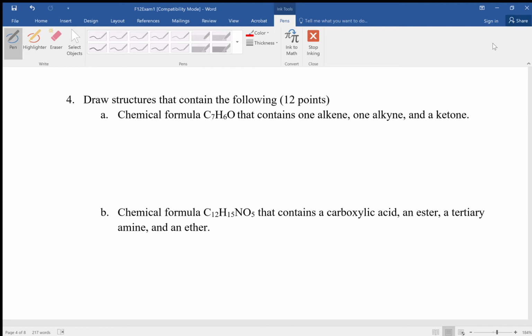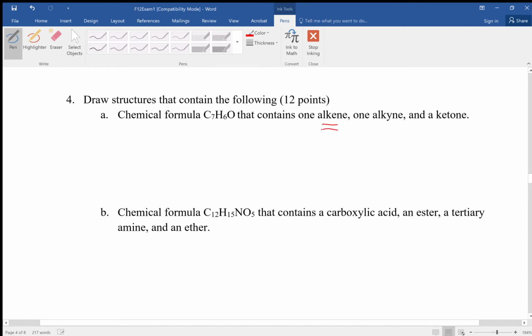Once you've done that, you can count up the number of hydrogens and see if it matches. If you have too many hydrogens, which will be the most common error, then you have to look for ways to start to remove hydrogens. The two ways that we most commonly do that are to add either double or triple bonds or rings. So let's see how that works here.